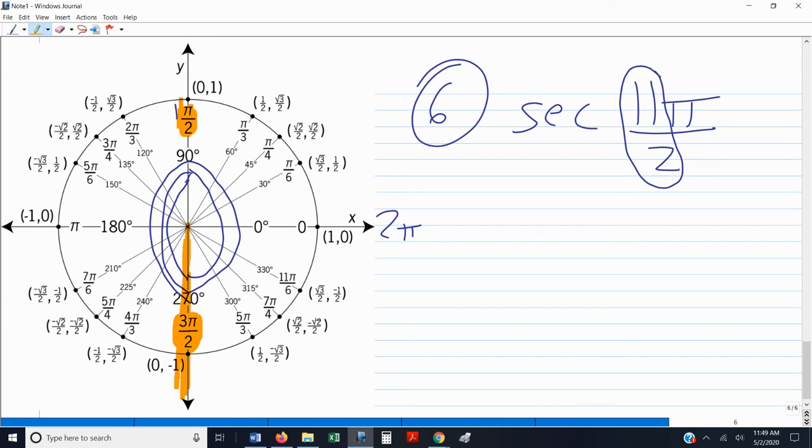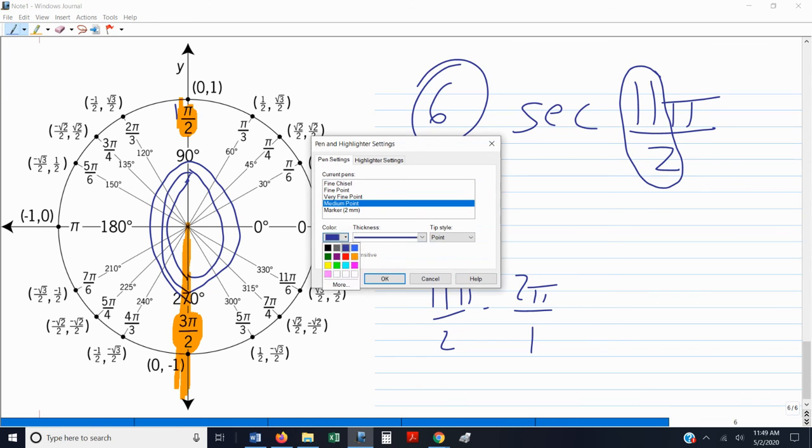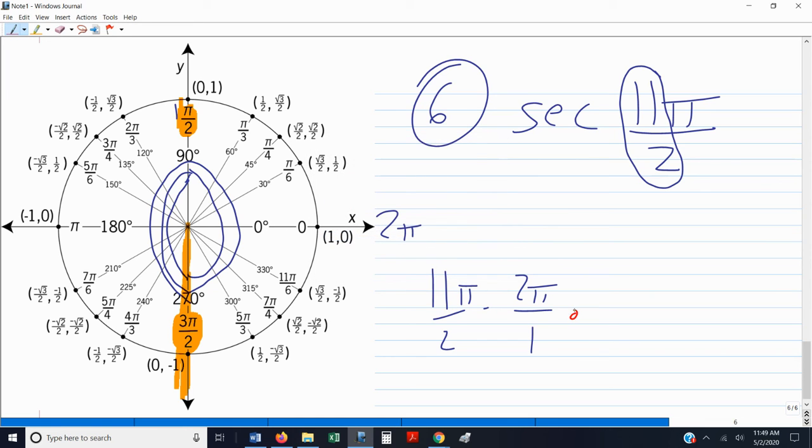If you do not like that, then you can subtract 2 pi. And what would your common denominator there be? It would be 2. So it's 11 pi over 2 minus 4 pi over 2, which is 7 pi over 2. 7 pi over 2 is a little bit more than 3 pi, right? 2 goes into 7 more than 3 times.